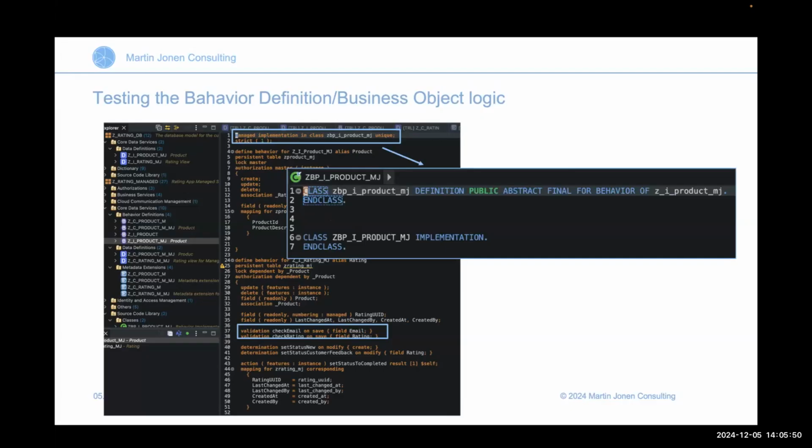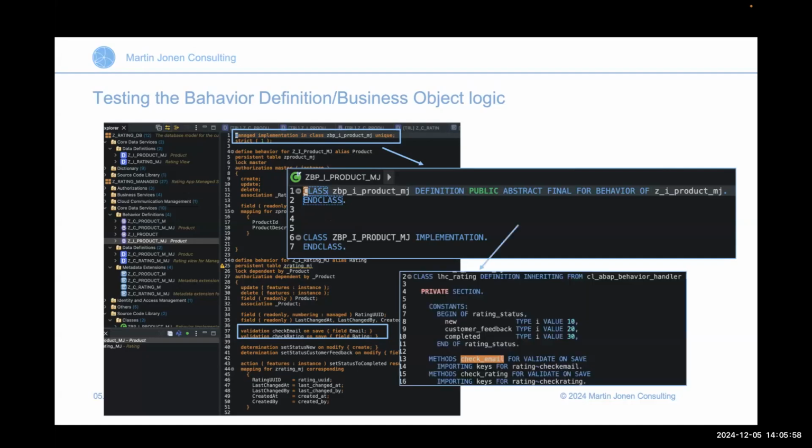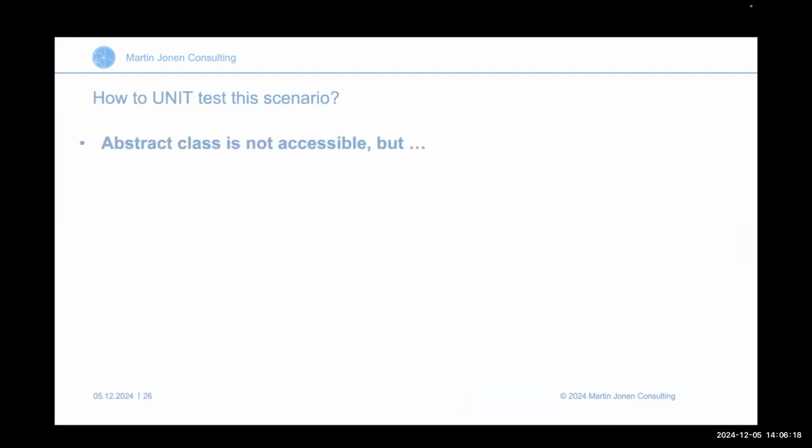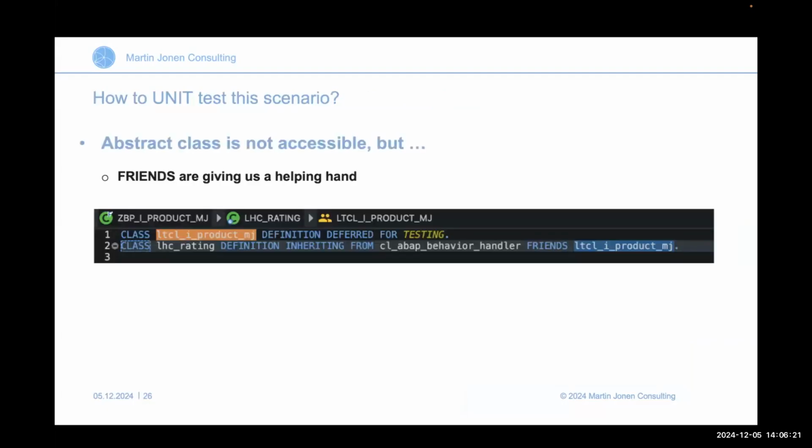So this OO class is a class definition, public, abstract, final for behavior of, and the logic is not implemented in this class. It's implemented in a local class, LHC rating, definition inheriting from, but it's an abstract class. That is kind of tricky in the very first moment, because this abstract class we cannot call from our local test class without befriending it to our abstract class.